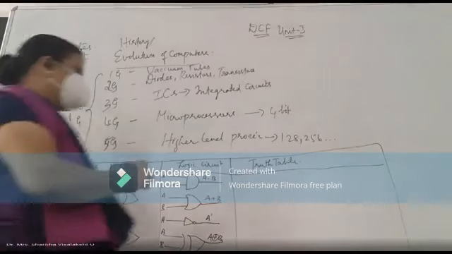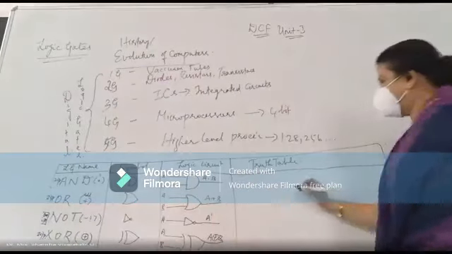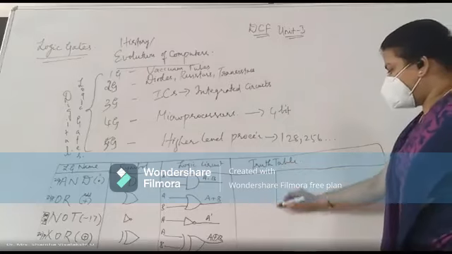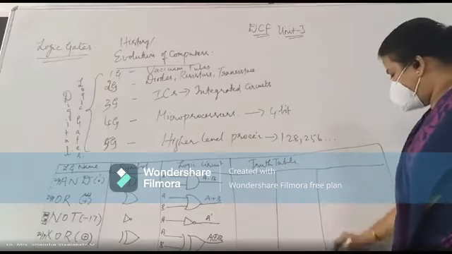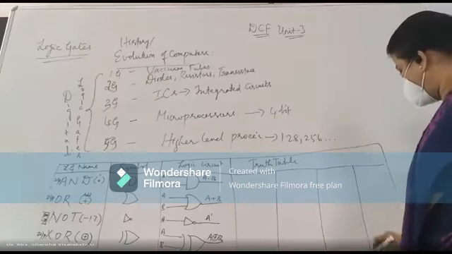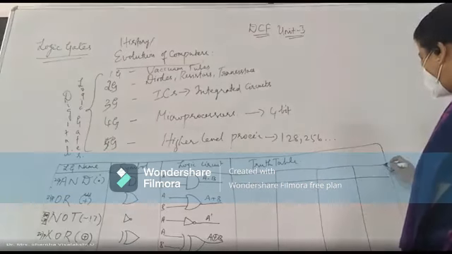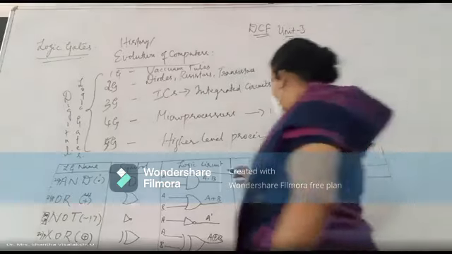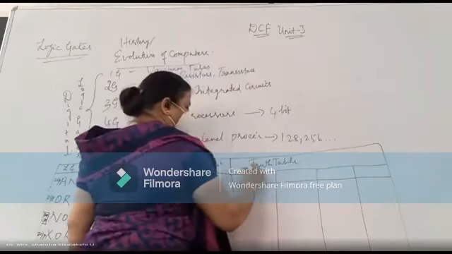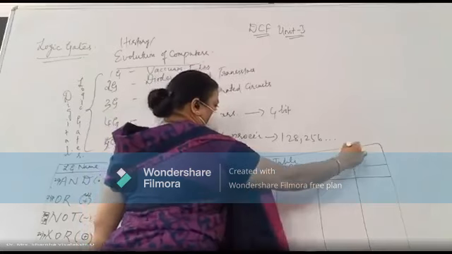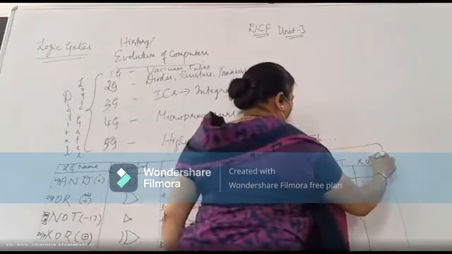Truth table. This I'm taking for AND, this for OR, for NOT, and for XOR.